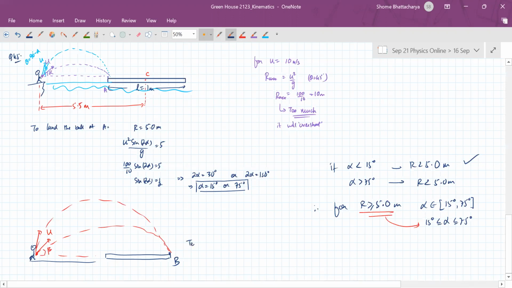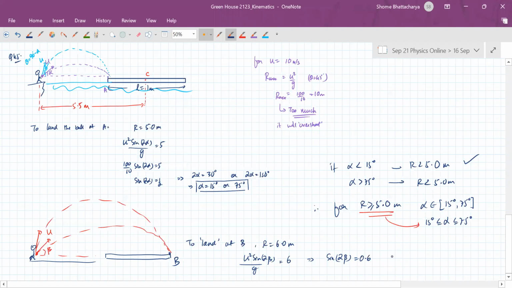So to land at B, the range should be 6 meters. So u squared sine 2 beta divided by g should be equal to 6. So sine 2 beta will come out to be 0.6.